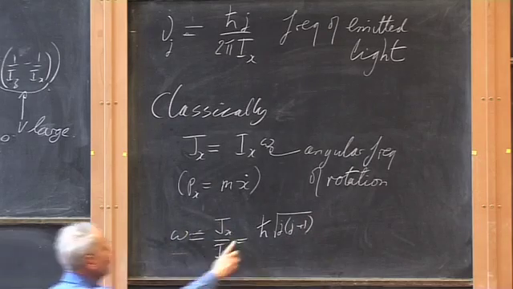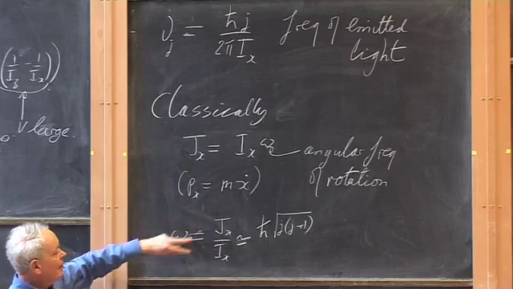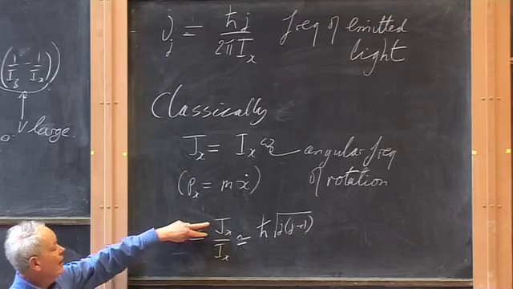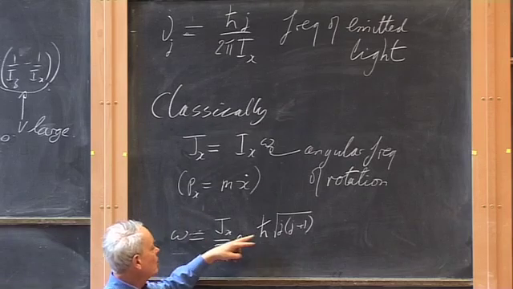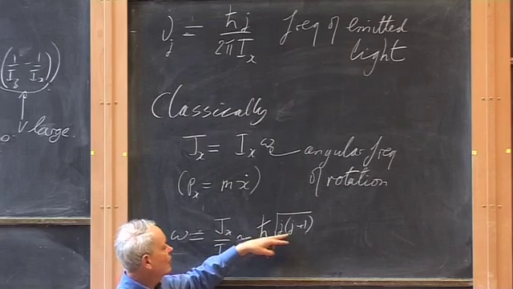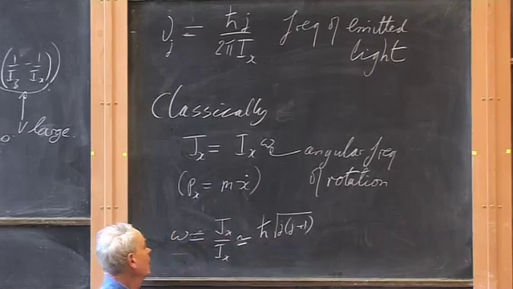This is a heuristic sort of thing. We're saying that supposing its angular momentum is along the x-axis, then J_x squared is going to be on the order of h bar squared j plus 1. J_x squared is going to be on the order of j squared, which will be this.